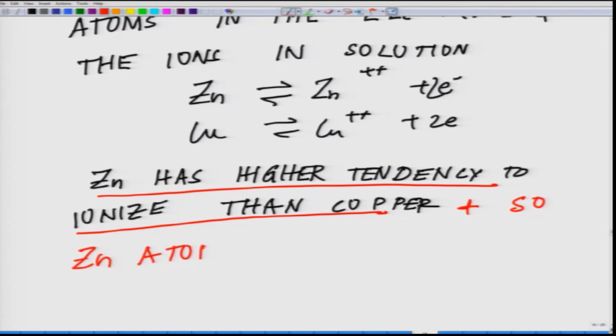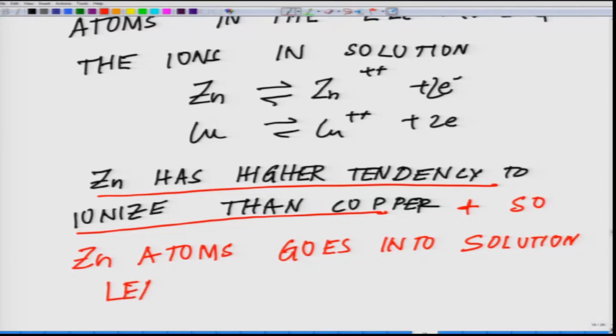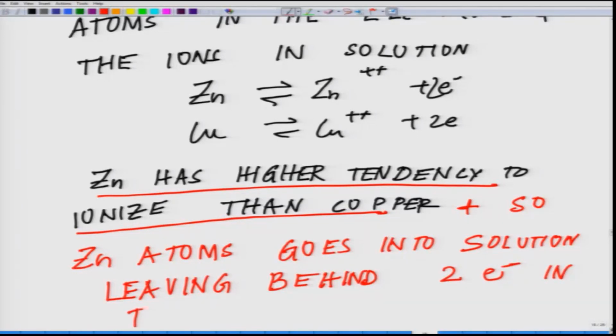Now see the reactions at the top. A zinc atom goes into solution, leaving behind two electrons in the metal electrode.